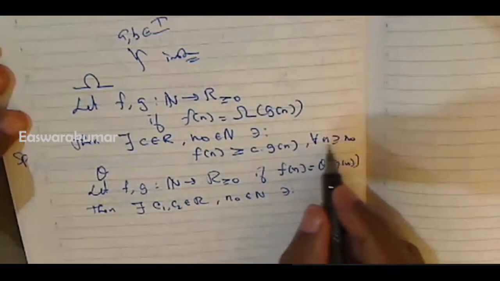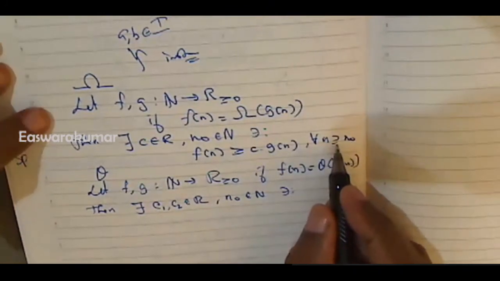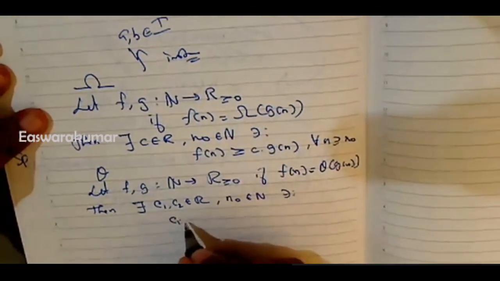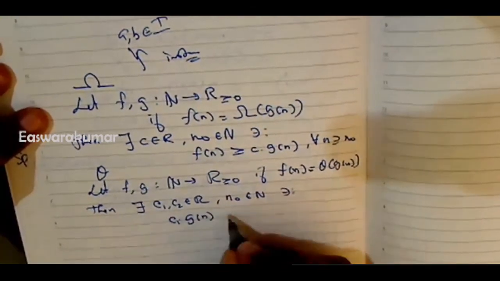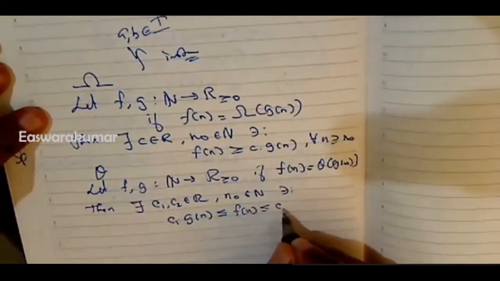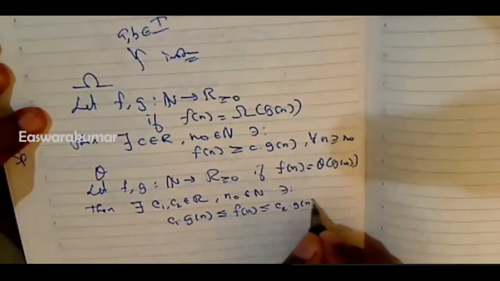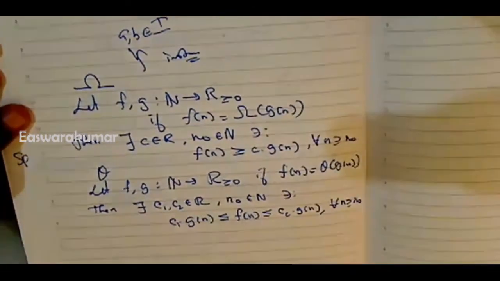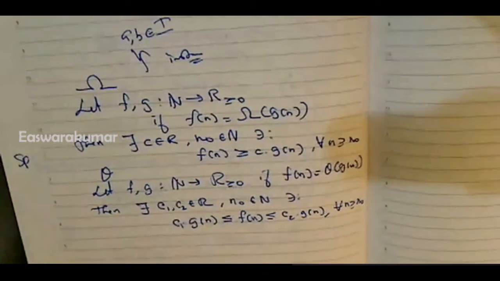So note down this is also there in the omega notation, right? Okay, so N0 belongs to N such that C1 times g of n is less than or equal to f of n, less than or equal to C2 times g of n, for all n greater than or equal to N0.